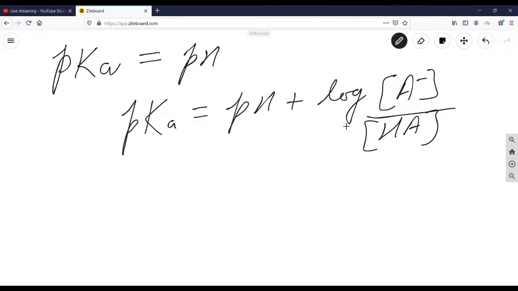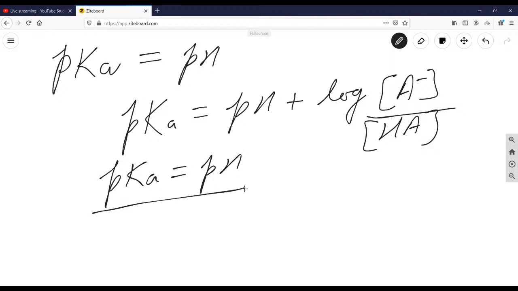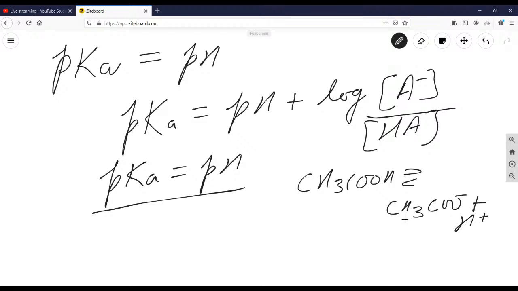So when we see this equation, when A minus is equal to HA, that is, conjugate base is equal to the acid, log of 1 is 0, so pKa equals the pH. That is the time when it is buffering maximum. Suppose you have this specific compound, CH3COO minus, its conjugate base, A minus.